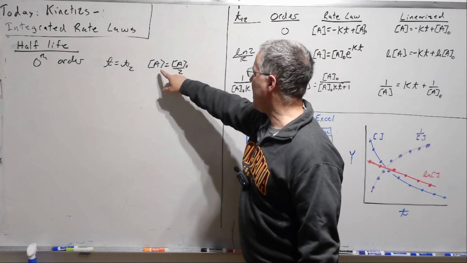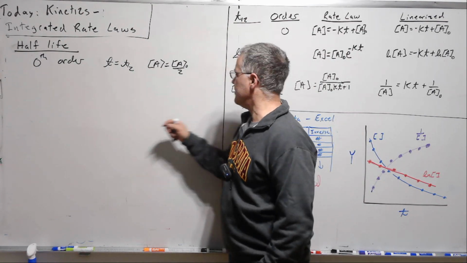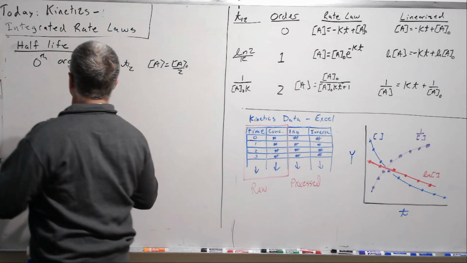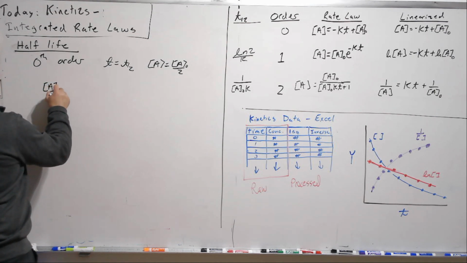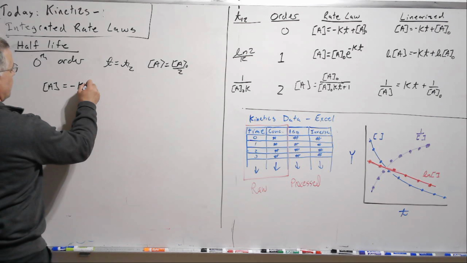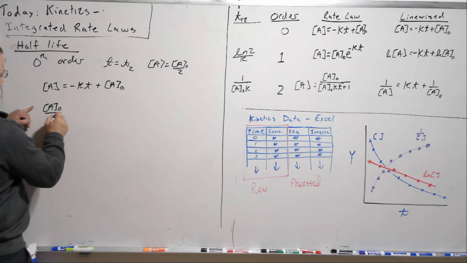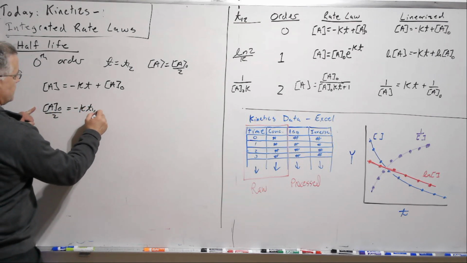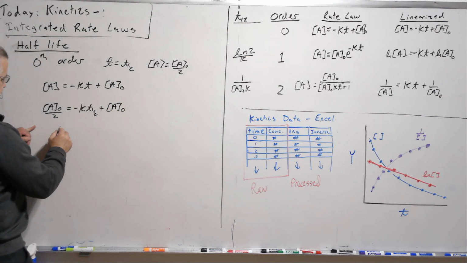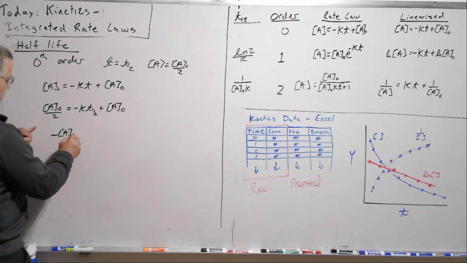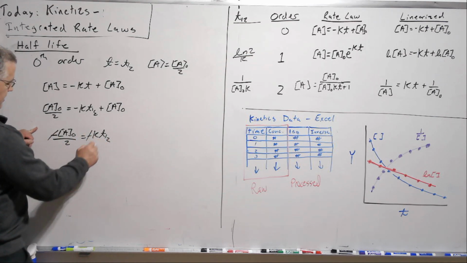But at the half-life, this is 1 over 2. This is the right result here. Okay, so for this one, let's use our equation, and we'll plug in these. So bring this over to this side. Cancel the minus, bring the k over.